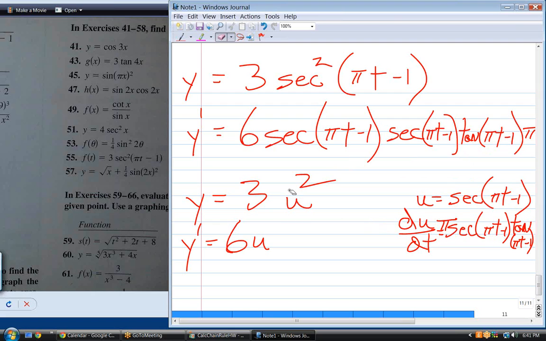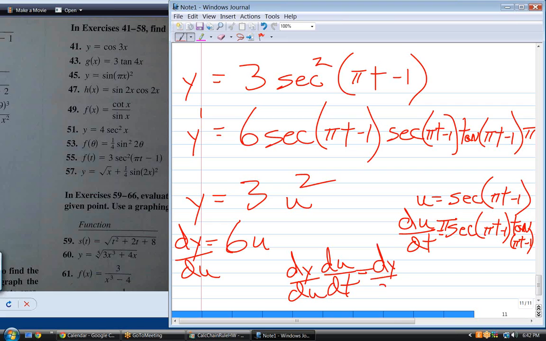And always remember that the very first u substitute, you can find y prime, but what you have found is not dy dt, you have found dy du. That's okay, because if I multiply dy du times du dt, I get what I'm looking for, which is dy dt. That's where the chain rule comes from.